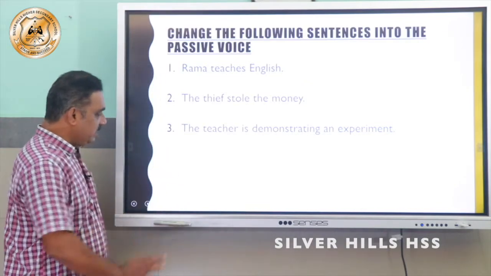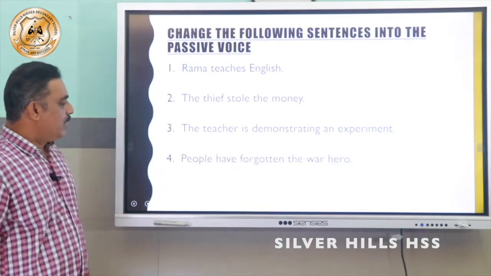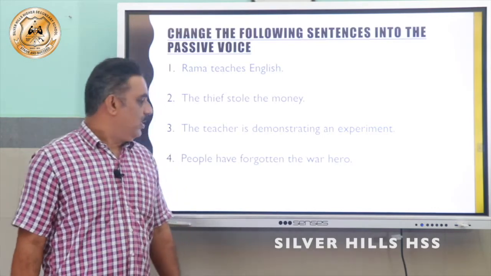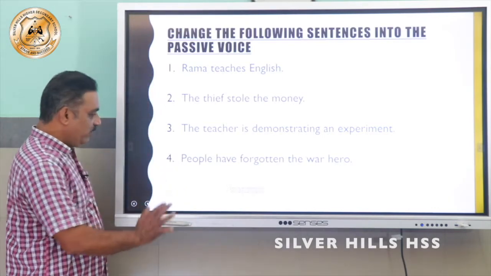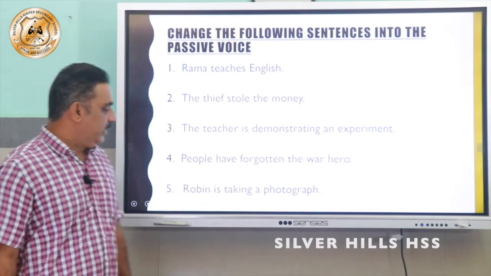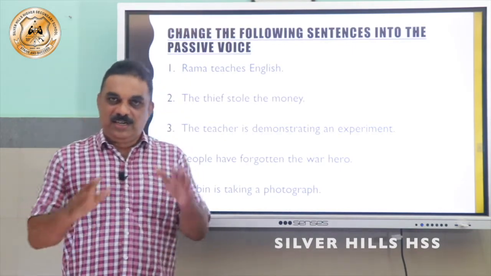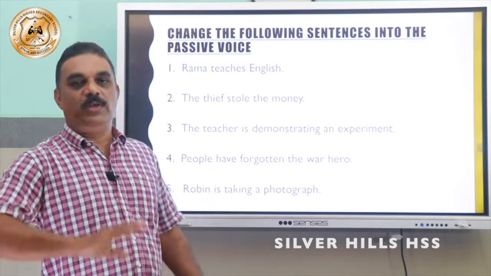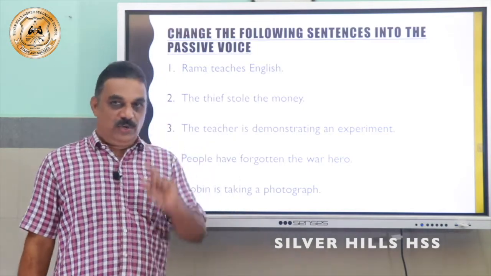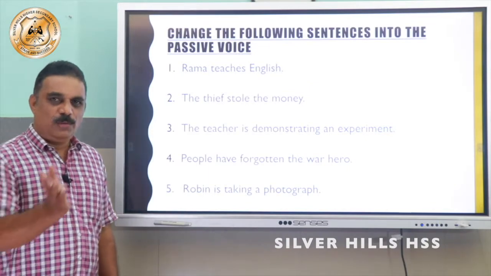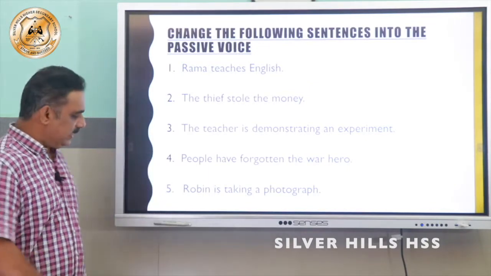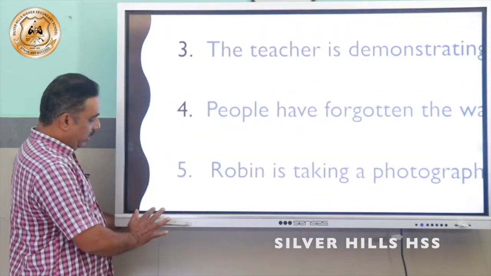And fourth one is people have forgotten the war hero. And fifth one is Robin is taking a photograph. Now try to change these into passive forms. I think you can do that. Now we have the answers also. Please check and correct your answers. Let us see what they are. First one.